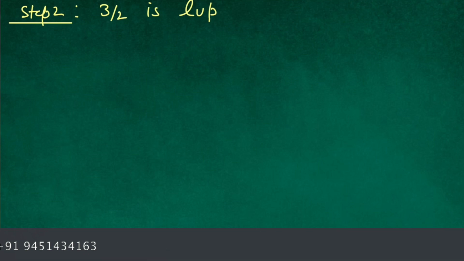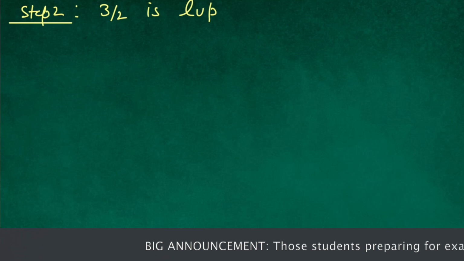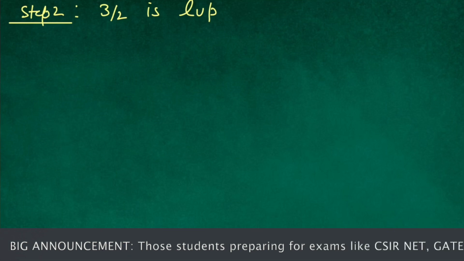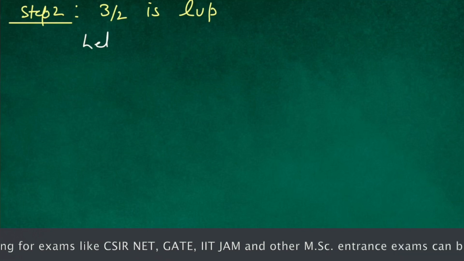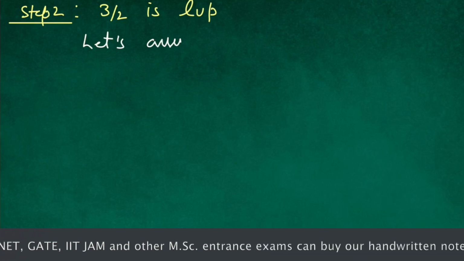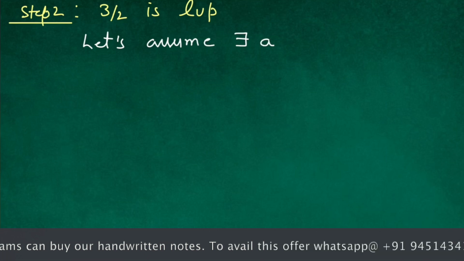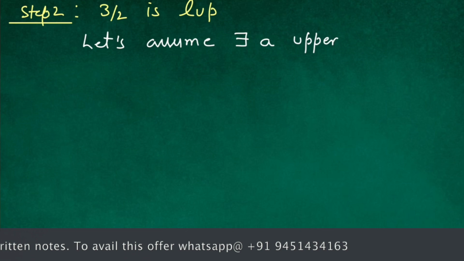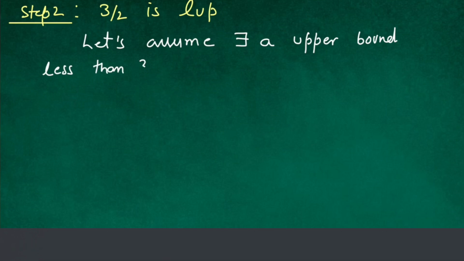Again we will prove this statement using the contradiction method. First I will assume that there exists an upper bound which is less than this value 3 by 2. So let us assume there exists an upper bound less than 3 by 2.